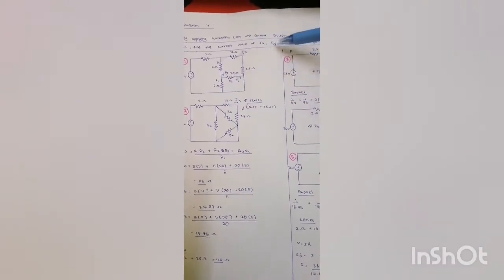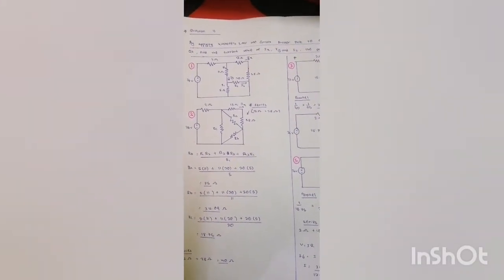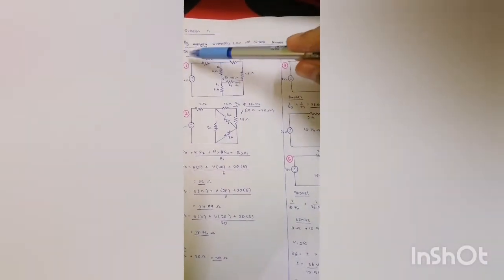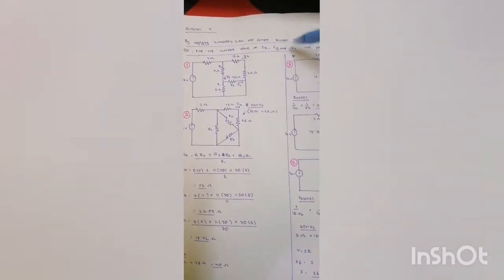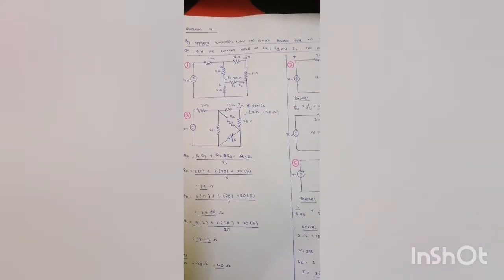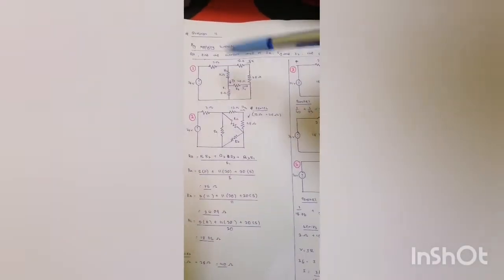By applying Kirchhoff's law and current divider rule to the circuit shown in the figure, question 11, find the current value of Ix, Iy and Iz, and the power absorbed by the 28 ohm resistor.